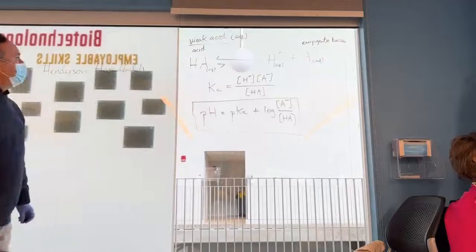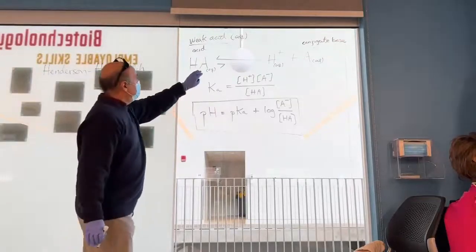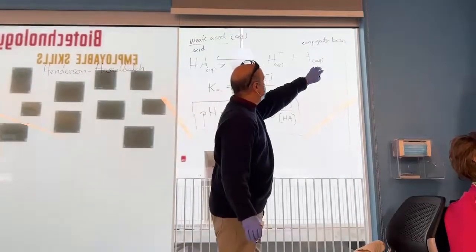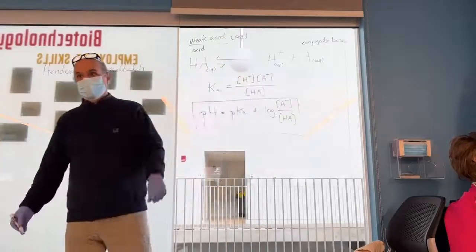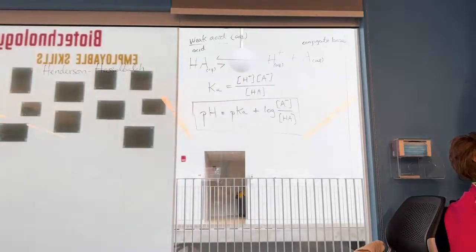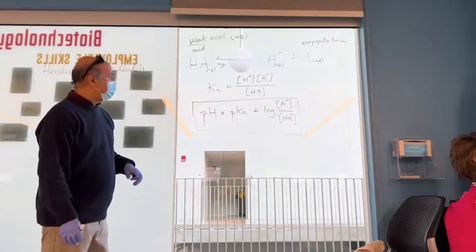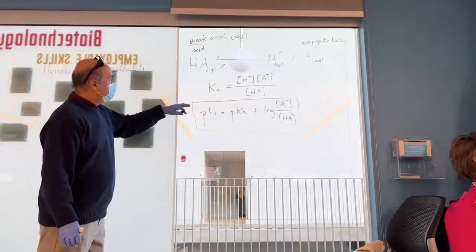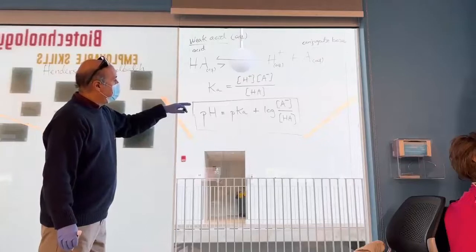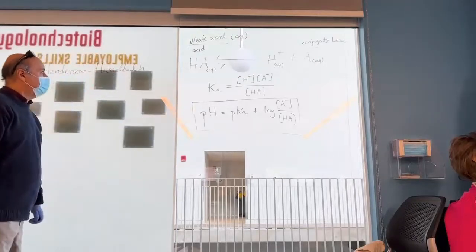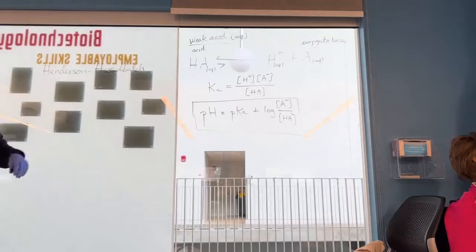So this is the acid, this is its conjugate base. This is simply the hydronium ion. We're going to use this equation to make the buffers that I'm hoping we make today. And you're going to be using it in the homework for other problems. The challenge problem uses the Henderson-Hasselbalch also.